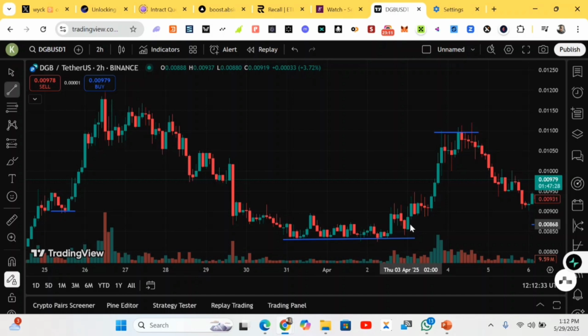You have to study it first, watch carefully, and know the particular candlestick, whether it's bearish or bullish. You just have to study it hard.